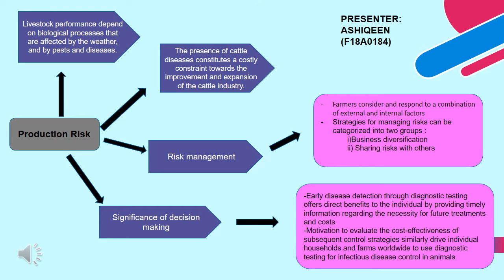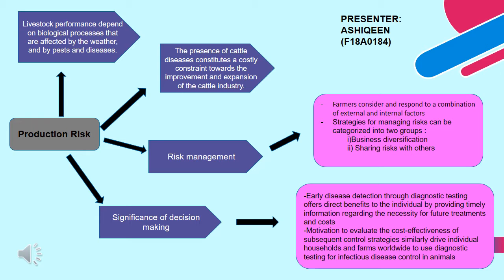For production risk, livestock performance depends on biological processes that are affected by the weather and by pests and disease. The presence of cattle disease constitutes a costly constraint toward the improvement and expansion of the cattle industry. Cattle disease will cause enormous losses, ranging from cattle deaths, production and productivity losses, and treatment costs, to reductions of market opportunities.